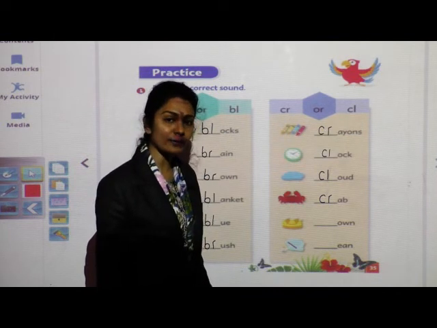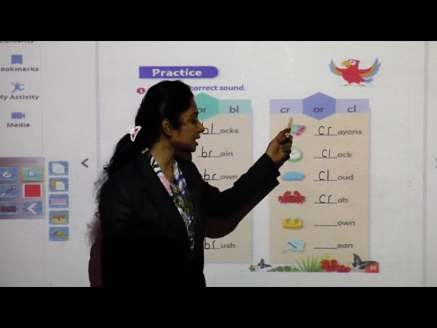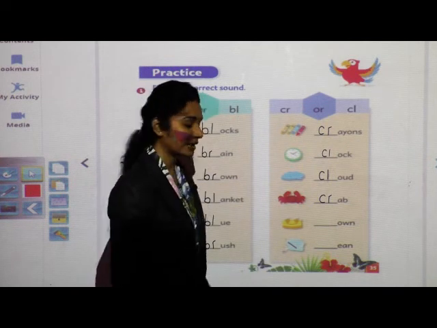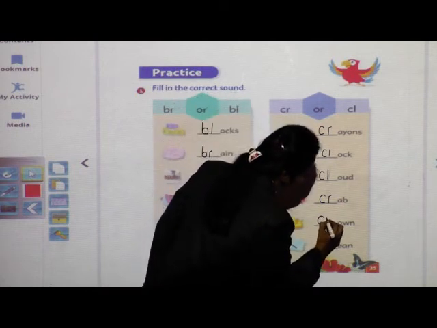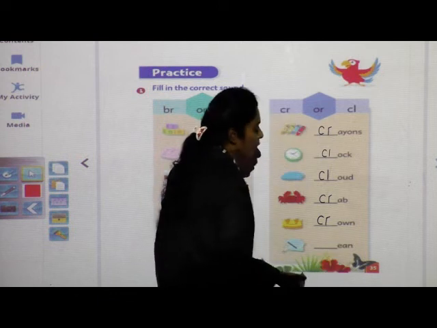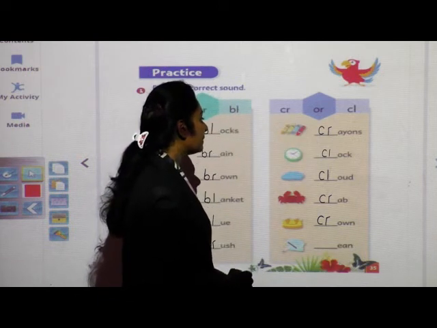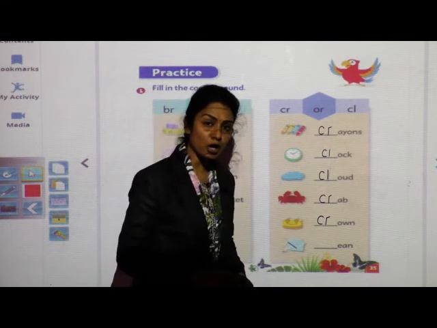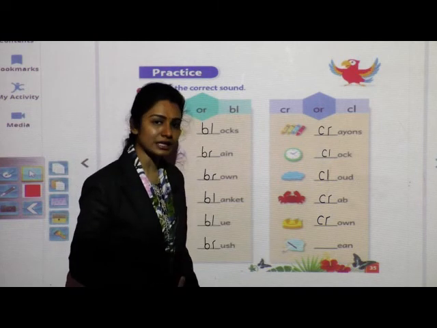Clown means जोकर. So what will come here? Crown. Yes, crown. C-R. How are we going to sound it? C-R-O-W-N, crown.